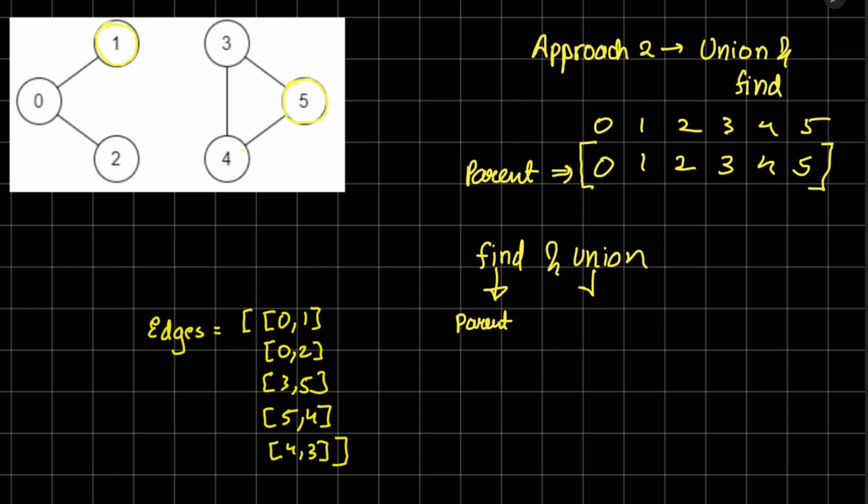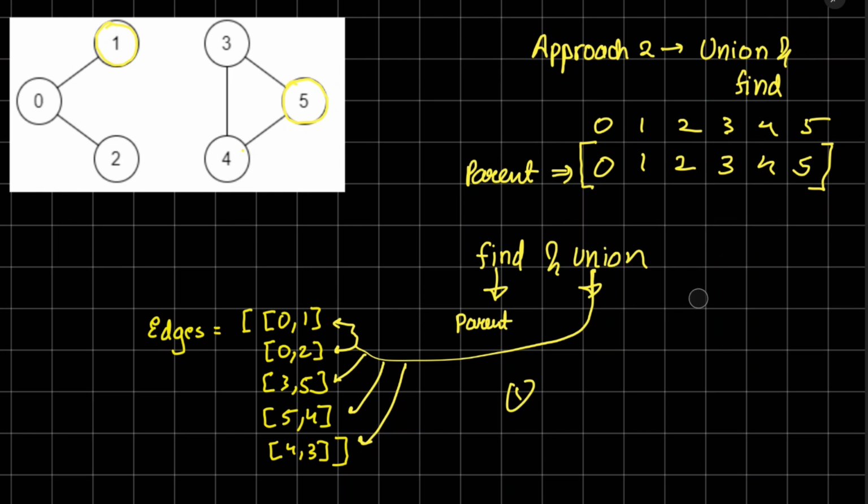Then for union, we will call union for every edge. While doing so, we will update the parent. As we are making a tree-like structure, we will be updating this parent array by finding the parent of both of them and making an edge.